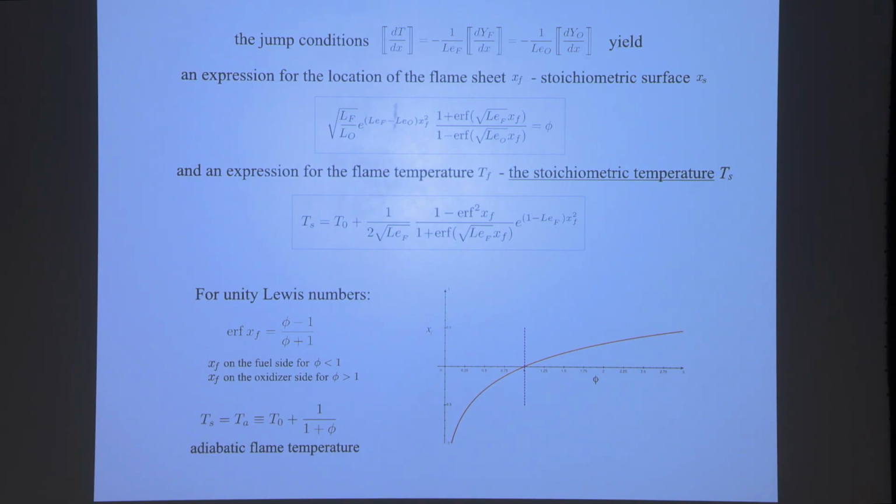So it tells you that the flame is going to be on the fuel side if phi is less than 1, if it's a lean mixture or a lean system, okay? And it's going to be on the oxidizer side if it's a rich system. It'll tell you on which of the two sides the flame would be. And the flame temperature is, in fact, exactly the adiabatic flame temperature as we discussed yesterday.